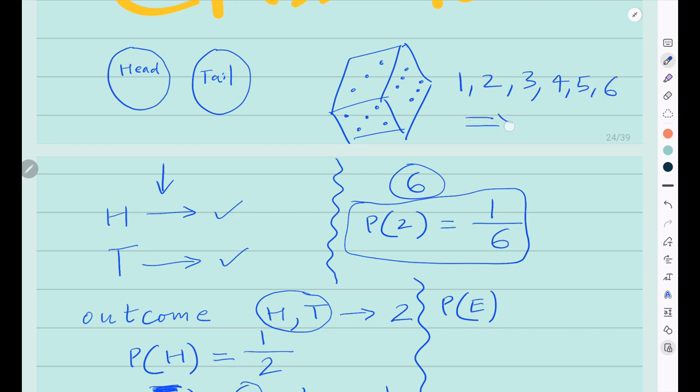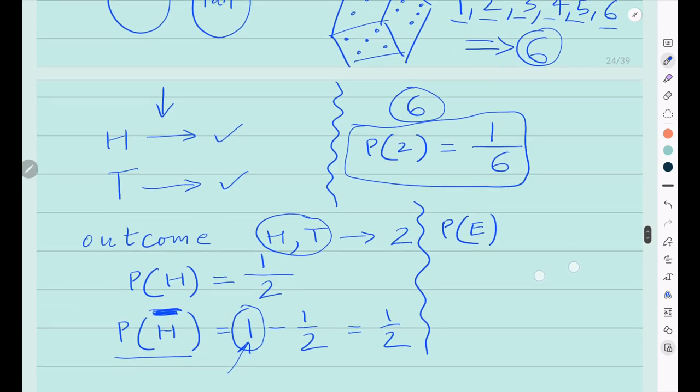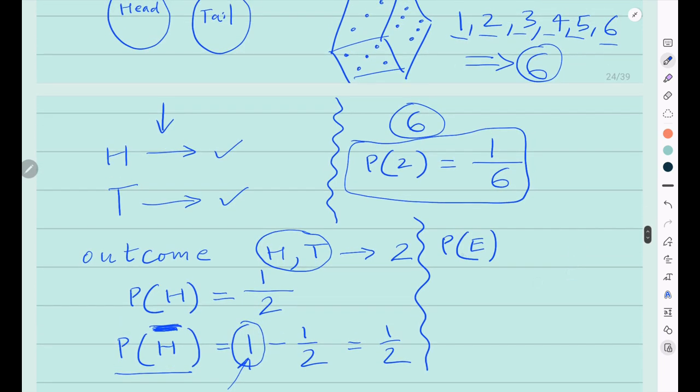So in total there are 6 outcomes. If we want to know the probability of getting an even number, the total possible outcomes are only 6.